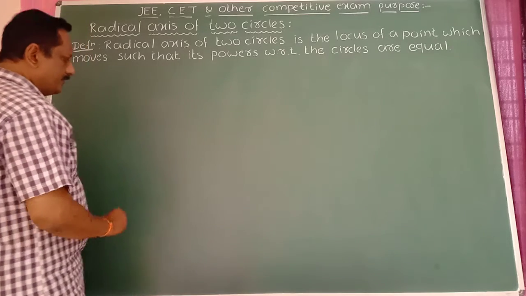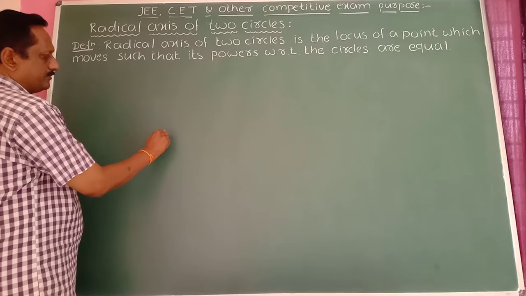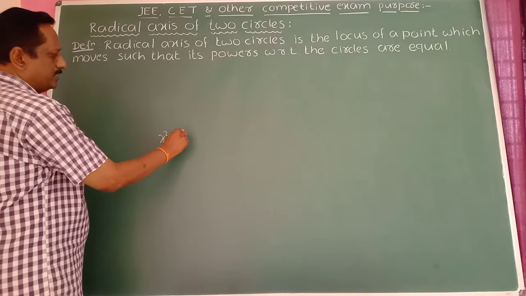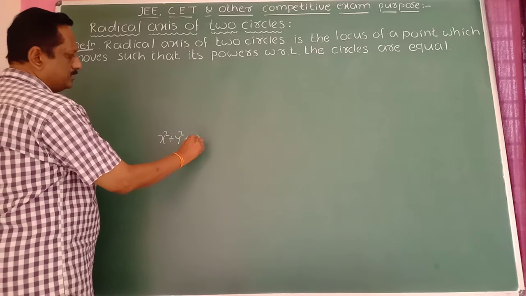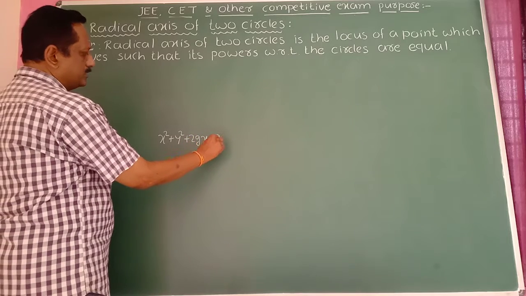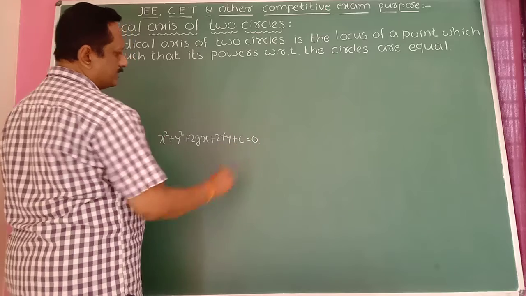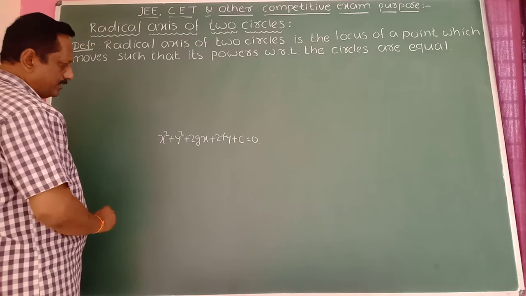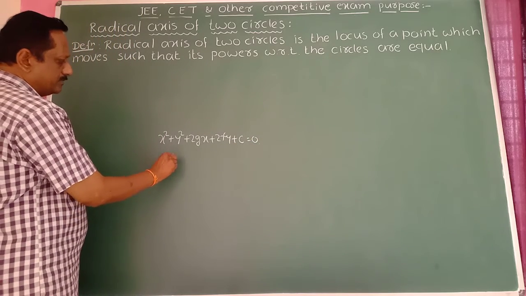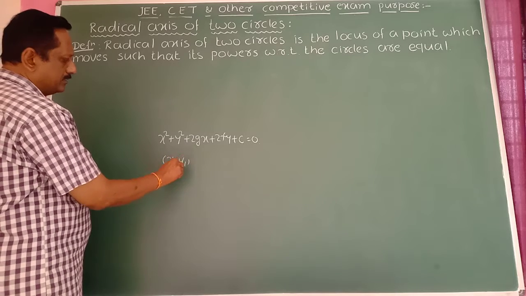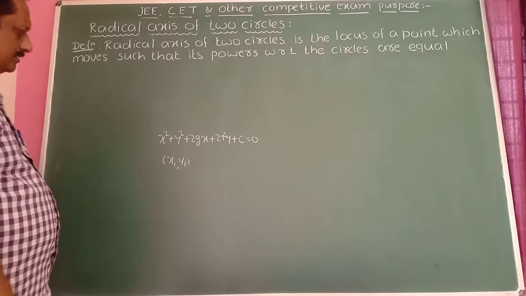So you know that suppose x square plus y square plus 2g into x plus 2f into y plus c is equal to 0 is the equation of the circle here. And x1, y1 is a point that is outside the circle.